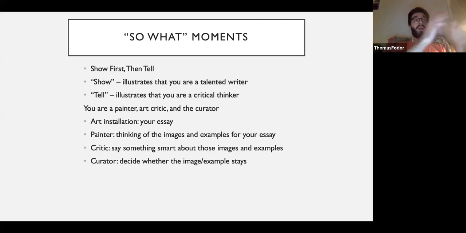They decide what artwork stays in the installation and what does not. So you as an essay writer are going to have to choose what images, examples, and insights are going to be included in your essay and what are going to have to be cut.